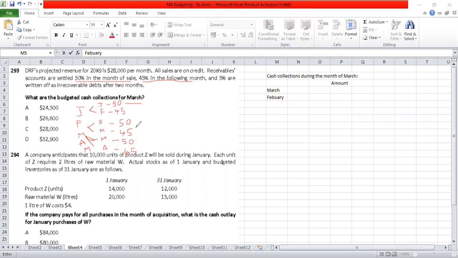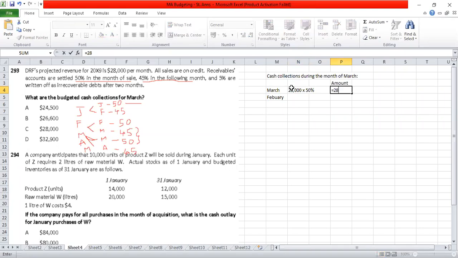So there are two Marches here. Do you see that? 50% of March, 45% of February will be collected during March. Now when we write the solution, March sales amount which is collected is 28,000 into 50%. But isn't he asking what we are receiving in March?